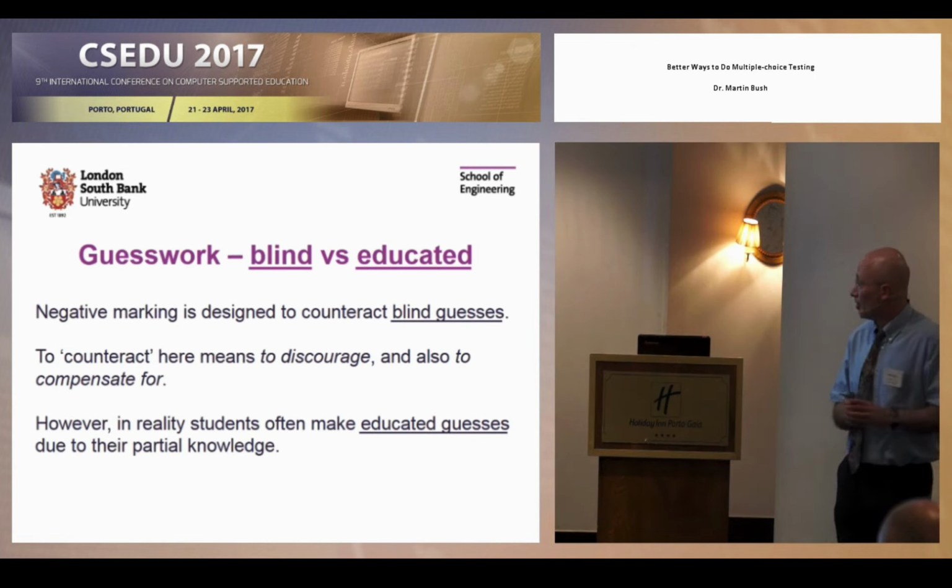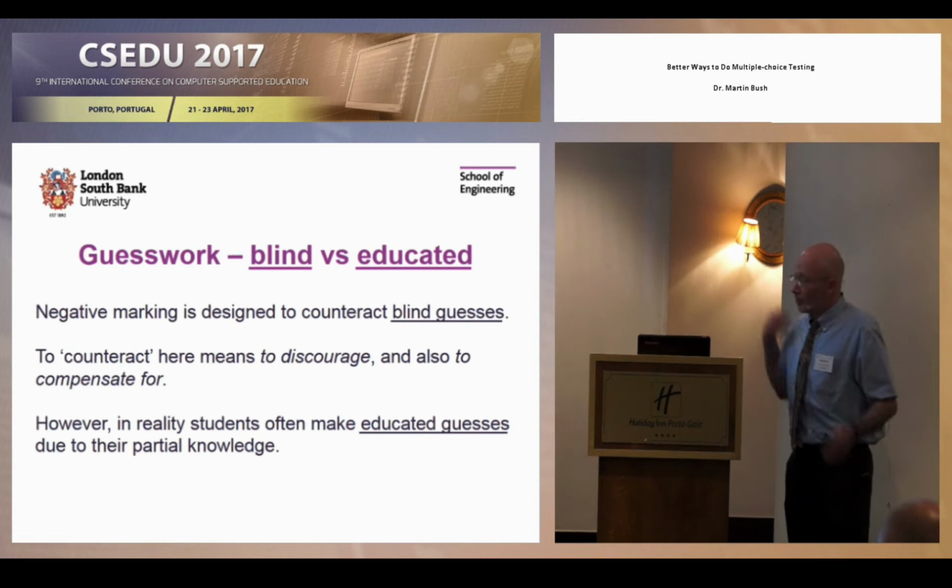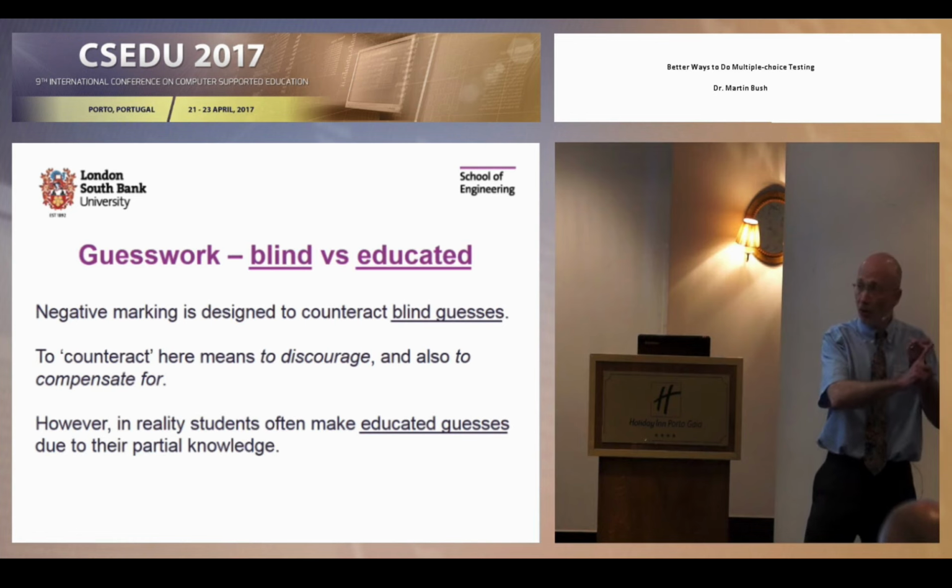If you think of the spider question, spiders have 4 wings, 6 legs, 8 eyes, 10 ears, maybe most people in this room would know that spiders don't have wings and they don't have 6 legs, they've got 8 legs. But 8 eyes or 10 ears, maybe people are not sure. So if you can narrow it down to a choice of 2, you're making an educated guess now.